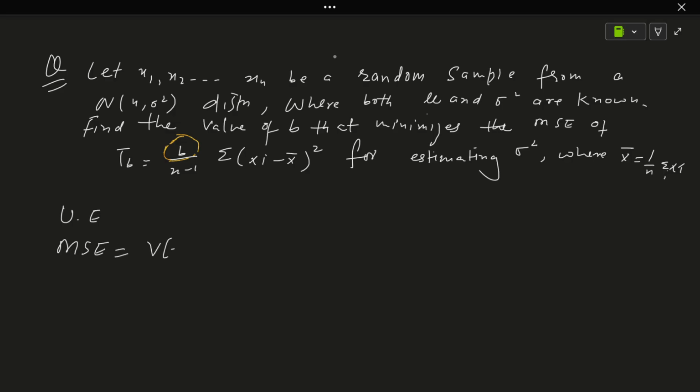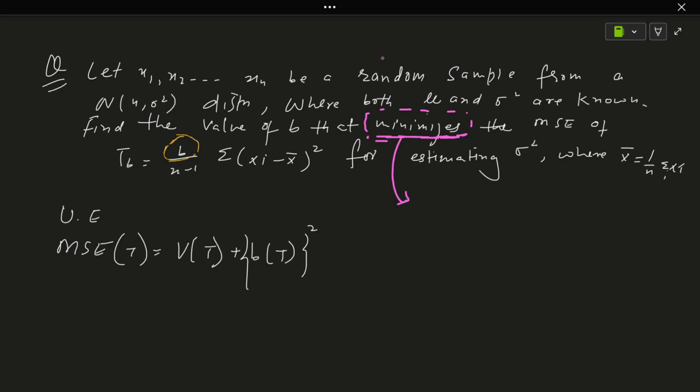The mean square error of an estimator is equal to the variance of that estimator plus the biasness of that estimator whole square. So you need the value of this b after finding the mean square error of this, and here is the word that is minimizes.